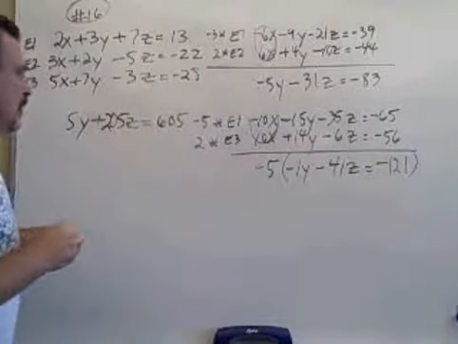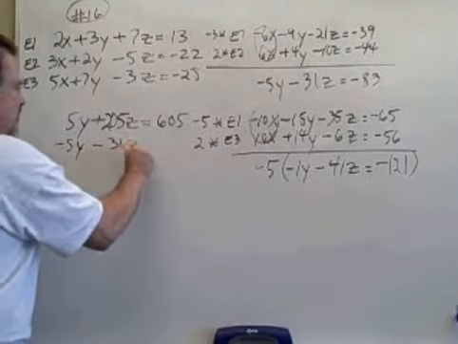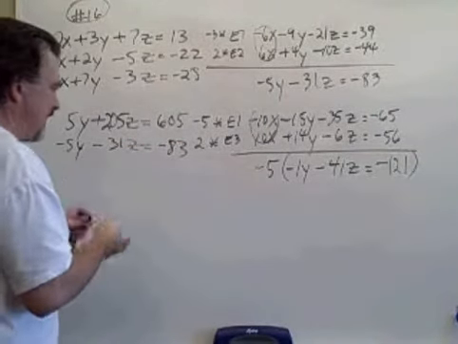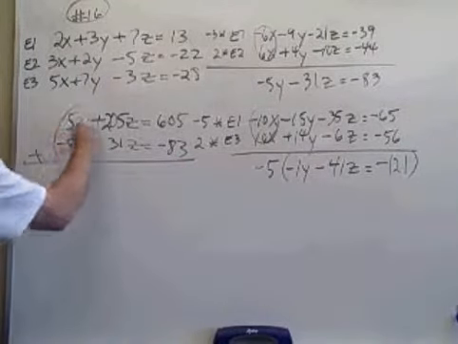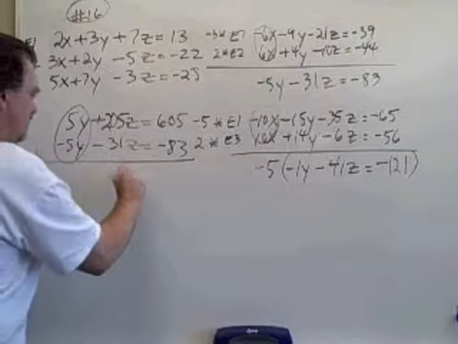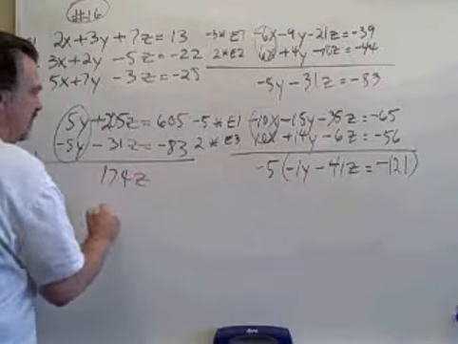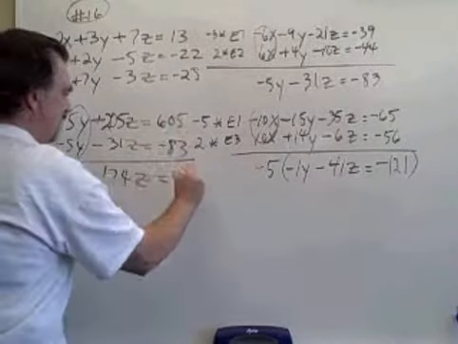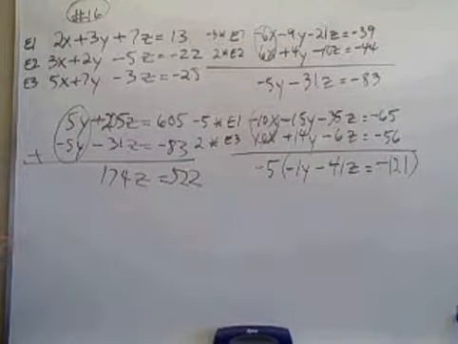Now let's take that equation, minus 5y minus 31z equals negative 83, and add together these two equations. The y's disappear. What do we have here? 1 from 5 is 4, 3 from 20 is, so we get 174z equals 3 from 5 is 2, and that'll be 522.